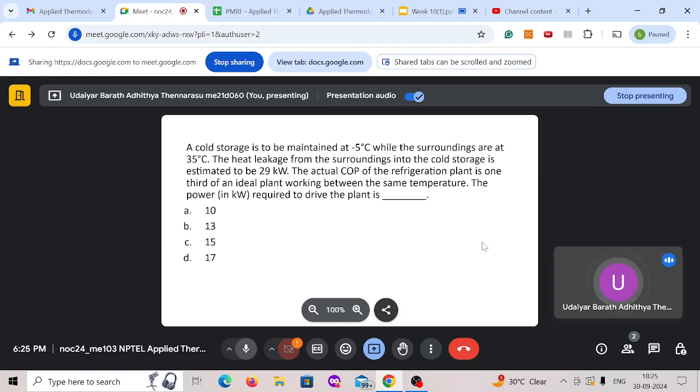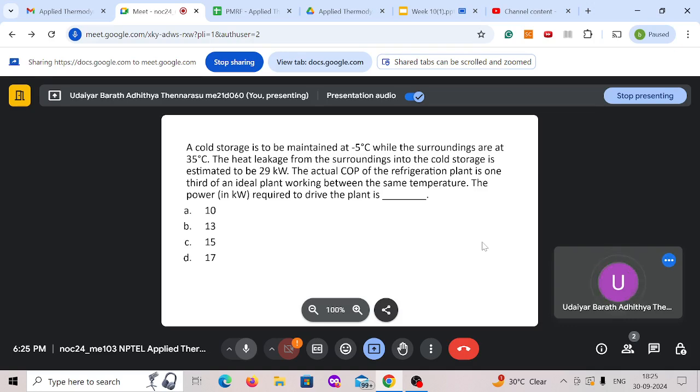An ideal refrigeration system works on the principle of reverse Carnot cycle, so that will give you the ideal COP. This will be working between minus 5 and 35 degrees Celsius, which is the ambient temperature and the evaporator temperature which you need, and that will give you the ideal COP. But the actual refrigerant system COP is 1/3 of this.